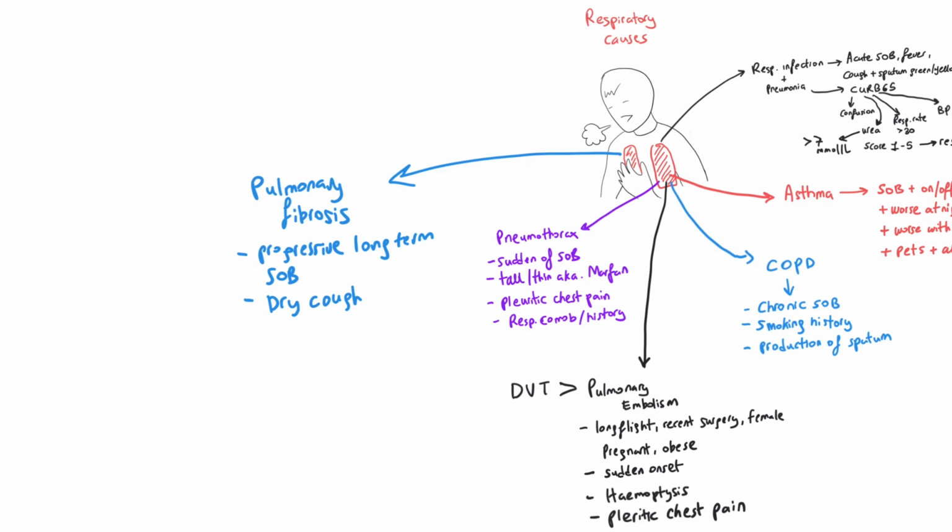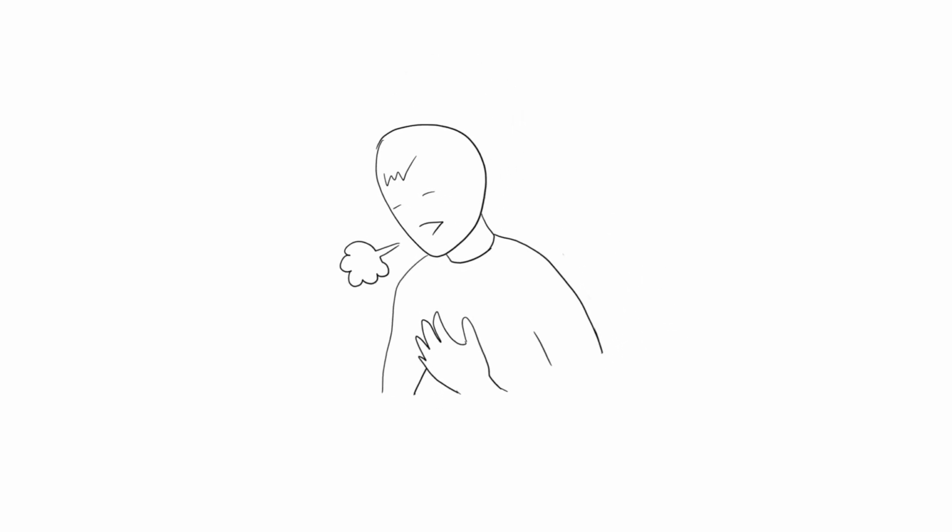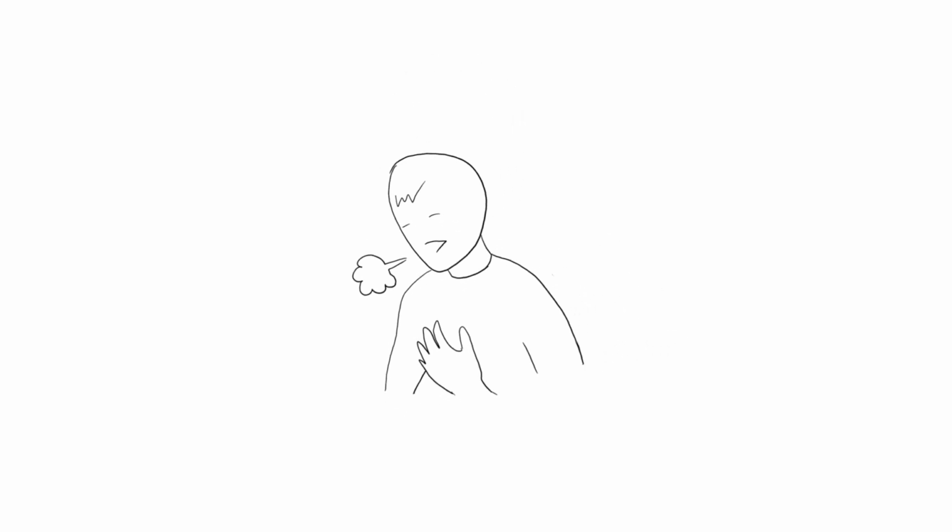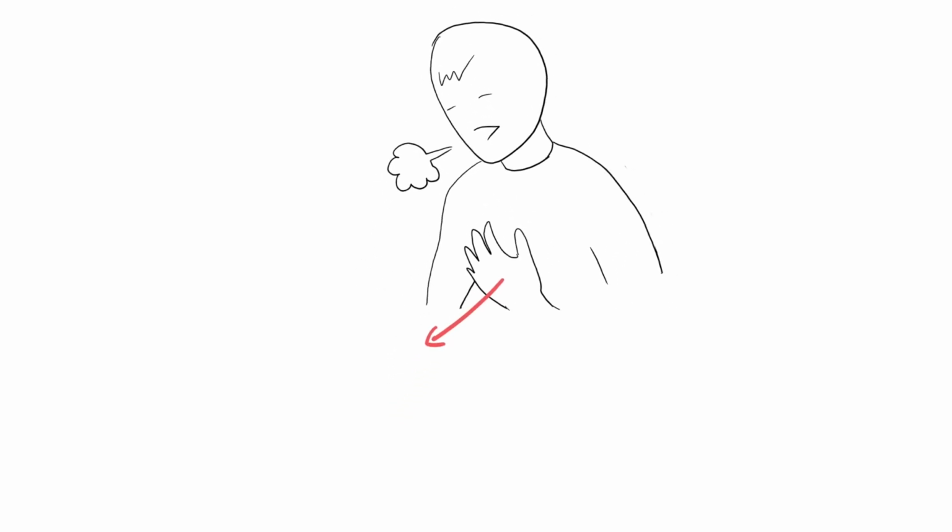Some extra differentials to be aware of when taking a shortness of breath history. One of them is anemia. Generally it's a female population that will present with tiredness all the time, and you want to take a good history from there and ascertain if it's anemia.